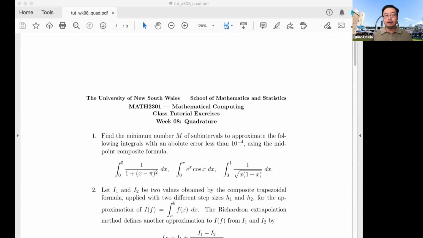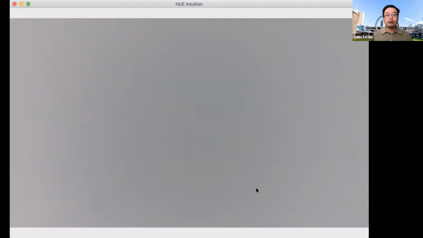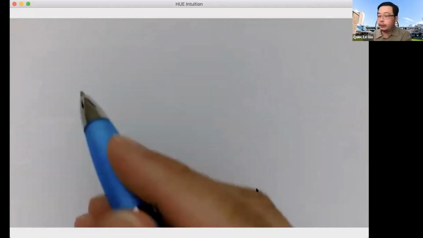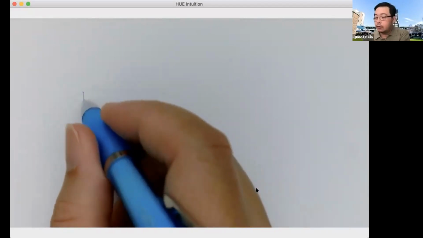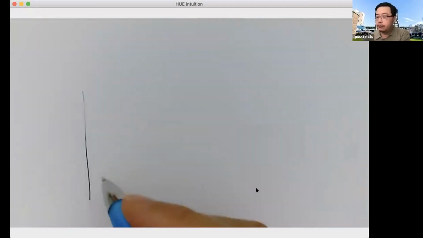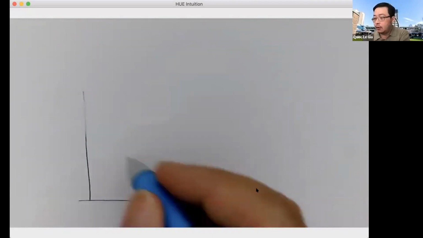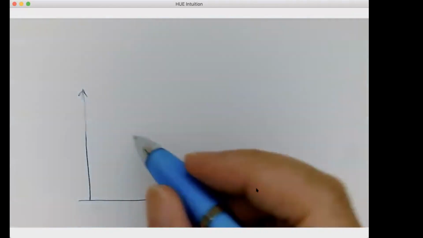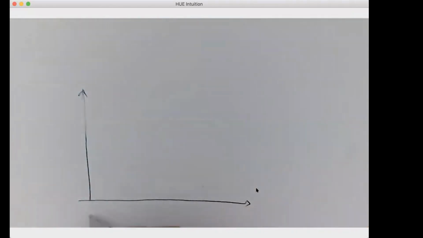So let me draw pictures. The midpoint rule is, so this is my function, and I integrate from 0 to 5.